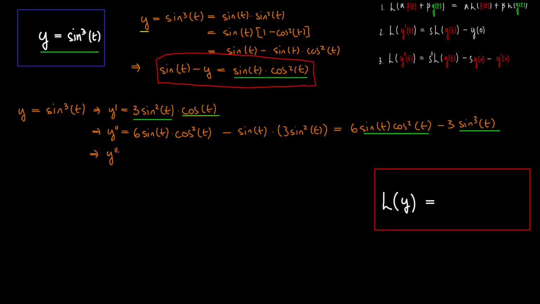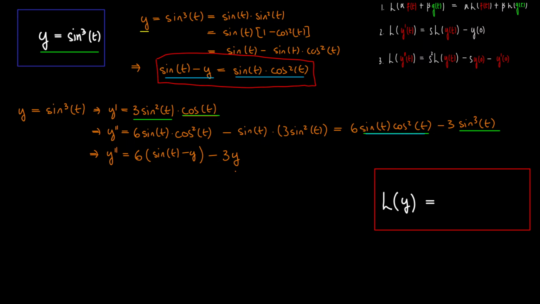So y double prime is going to be equal to 6 times sine t times cos squared t, which is just sine of t minus y. How did that happen? That just happened because of this identity here. This is equal to this. Okay, easy as that. And now I say minus 3 times sine cubed, but as we saw earlier, sine cubed is just y, so this is just minus 3y.